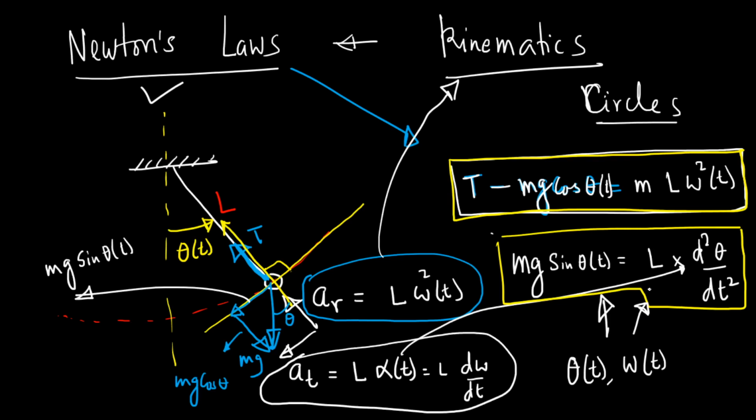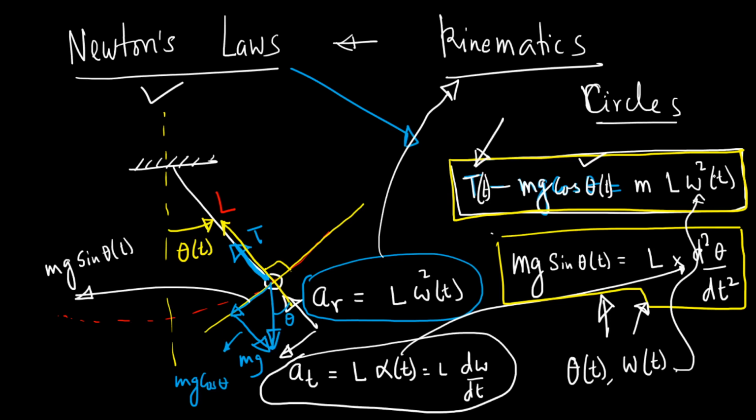Now what that means is that you can put the value of omega t into this equation, and you already know theta t, and therefore you can calculate the tension. Mind you, tension is also a function of time.